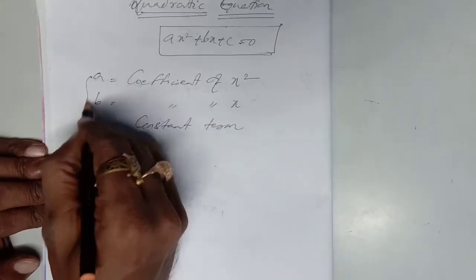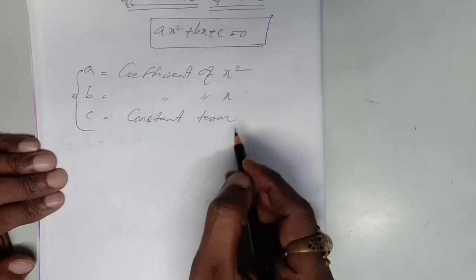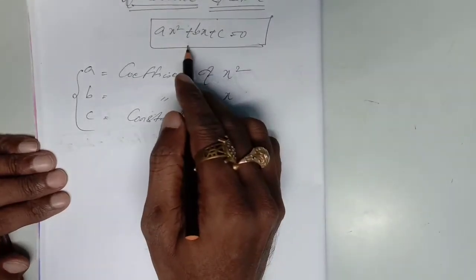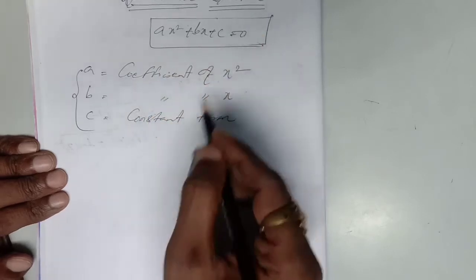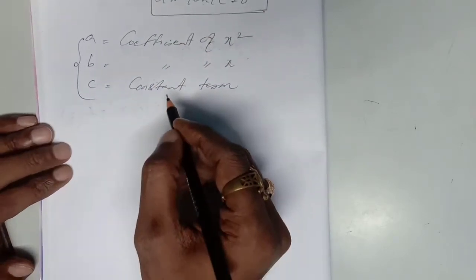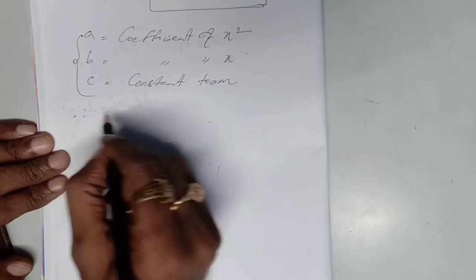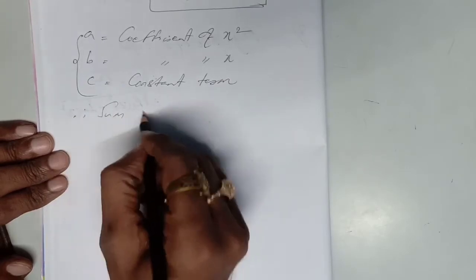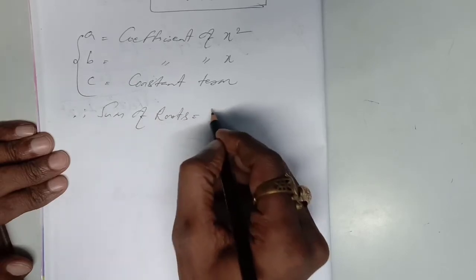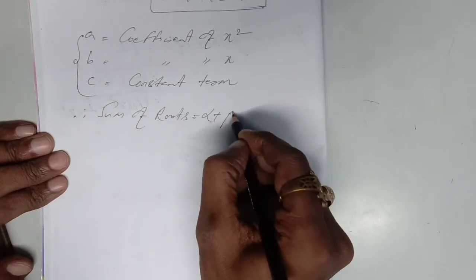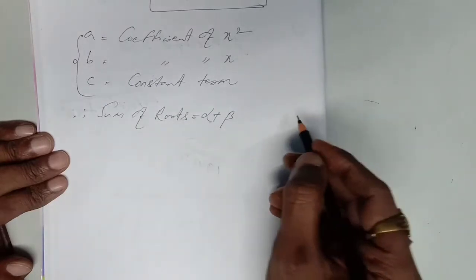After finding the value of a, b, c from the quadratic equation, the form should be like this: ax square plus bx plus c equal to 0. After finding the value of a, b, c, you can find the sum of roots, which is alpha plus beta. Alpha and beta are the two roots of the given quadratic equation.